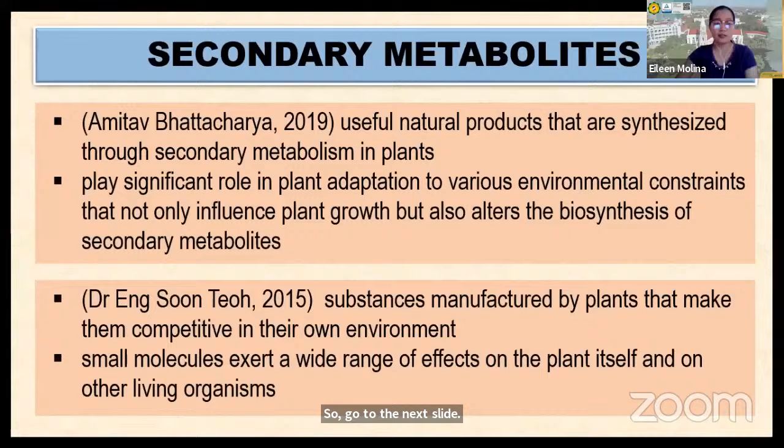Secondary metabolites, according to Amitabha Bhattacharya, are useful natural products that are synthesized through secondary metabolism in plants, and they play a significant role in plant adaptation to various environmental constraints that not only influence plant growth but also alter the biosynthesis of secondary metabolites.